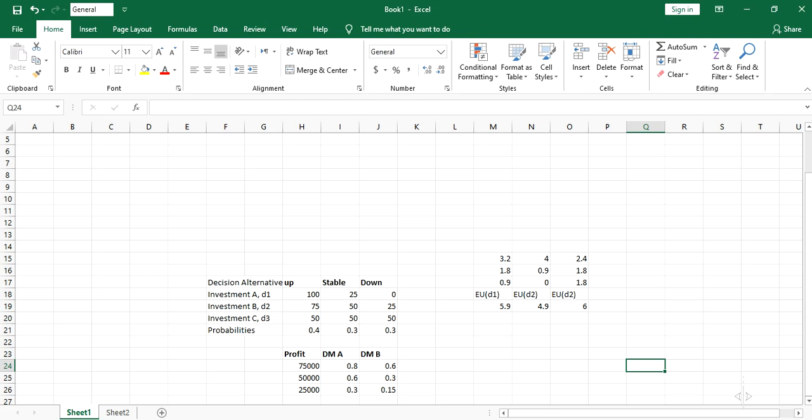And how do we solve that one? These are the numbers, and this is also the second part of it.